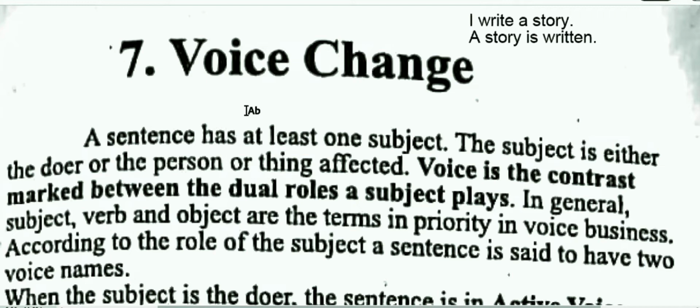So, "I write a story." Here, I is a doer of action. It means I does something. What do I do? I write a story. So I is active here. I affects something. I has that power to affect or to leave some effect on others.